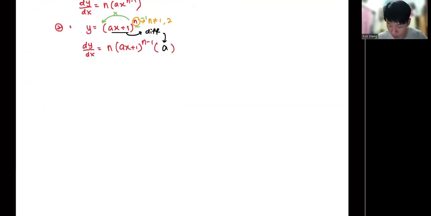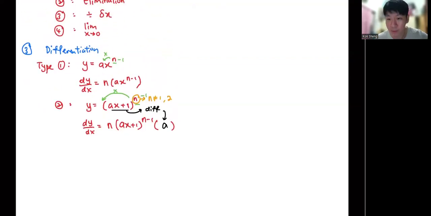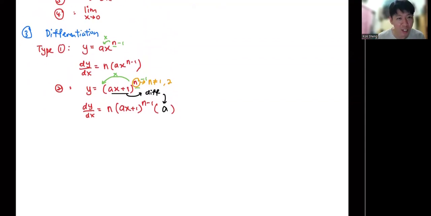Then second time, the inside here, you have to go for differentiation again and sub it into this bracket. This is the second type. Still okay?